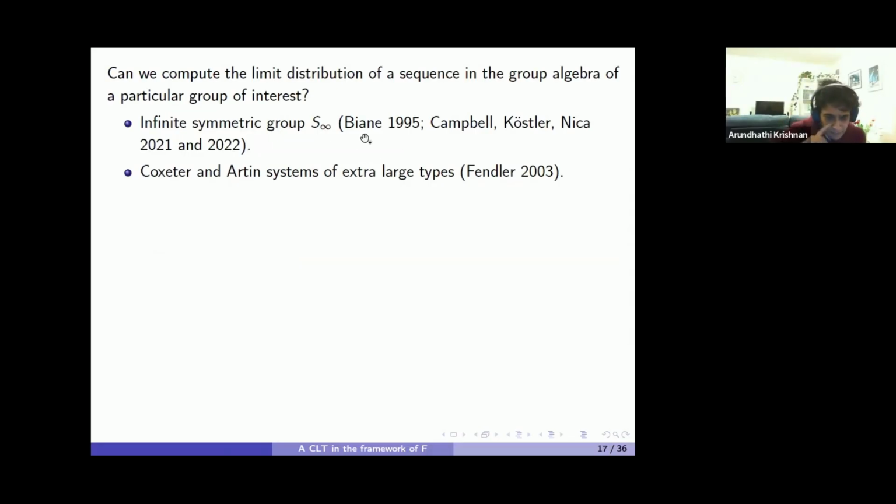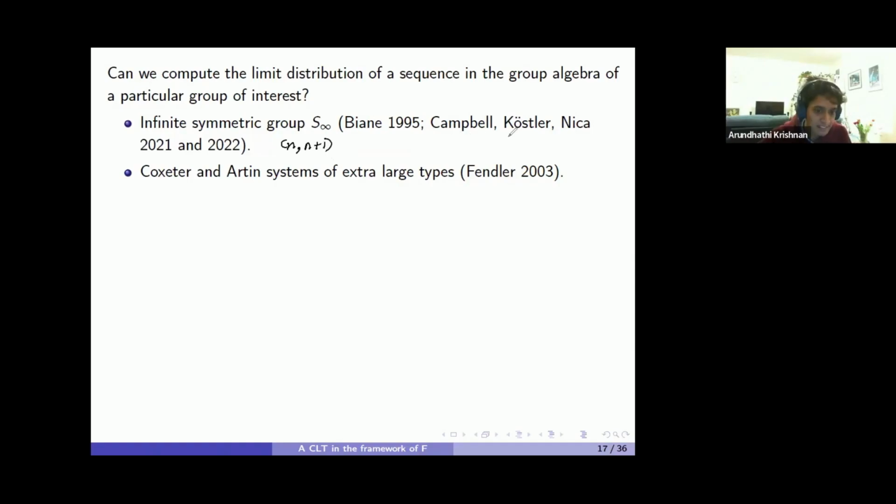In 1995, Philippe Biane looked at the symmetric group, and he looked at the sequence of Coxeter generators, with the canonical trace that I mentioned before, and showed that there also the limiting law is Wigner's semicircular distribution.